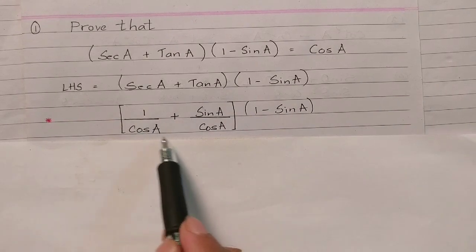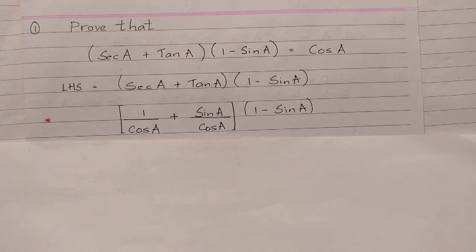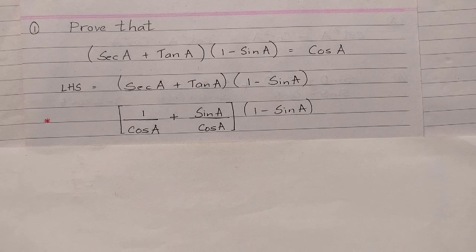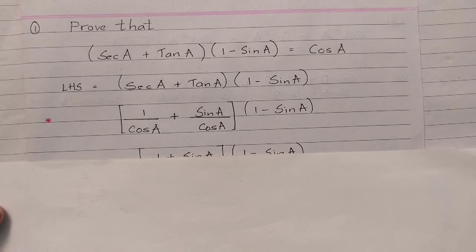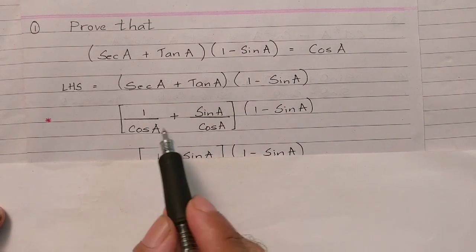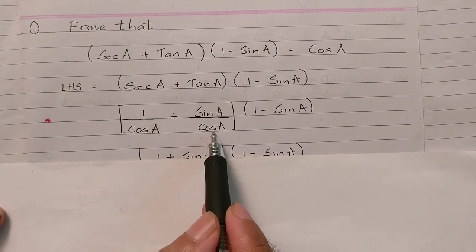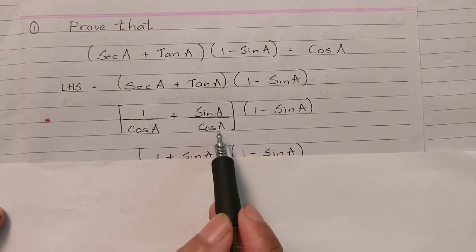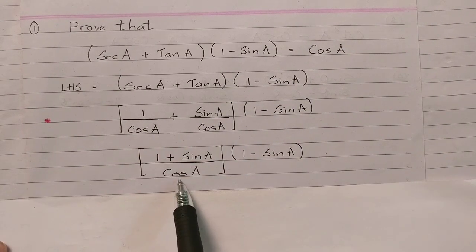Now this step that I have done is tip number 5 of the previous video where I spoke about changing the sec or any other function in sine and cos. After you have done that, I have a denominator cos A and there's cos A over here, that means I have the same denominator. If I have the same denominator, I can write it together.